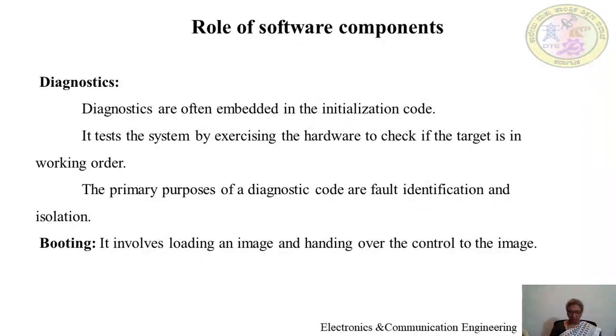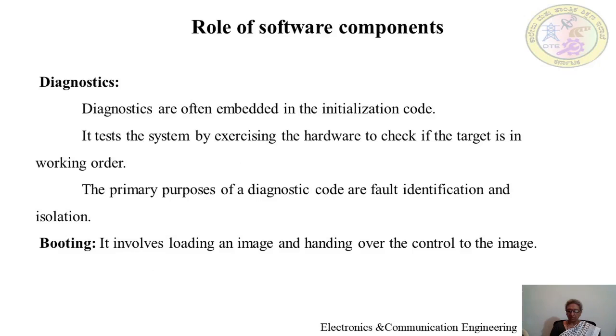The next topic is booting. Booting is loading an image and handing over the control to the image. When the image of the OS is loaded, the entire program, including the code and data, may be loaded into the RAM, or just a copy of the data area containing volatile variables may be loaded into the RAM.